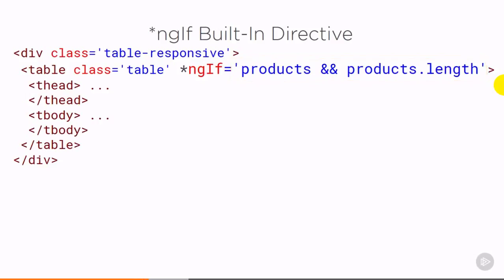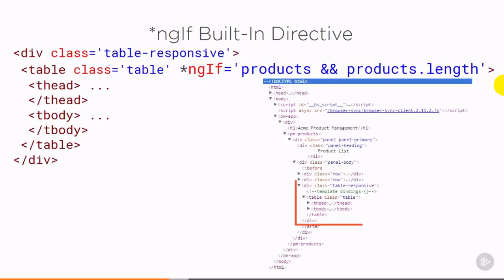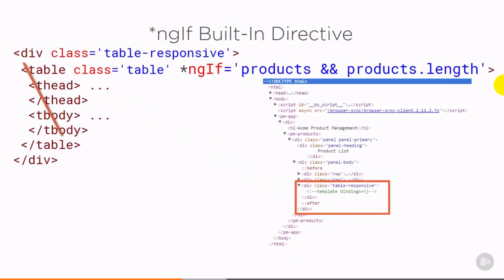For example, say we only wanted to show the HTML table if there are some products in a list of products. We use ngIf on the table element and set it to products && products.length. If the products variable has a value and the products list has length, the table appears in the DOM. If not, the table element and all of its children are removed from the DOM.